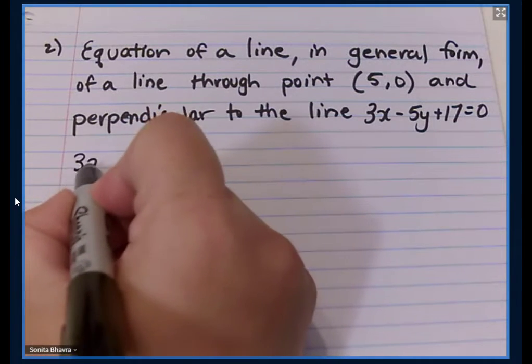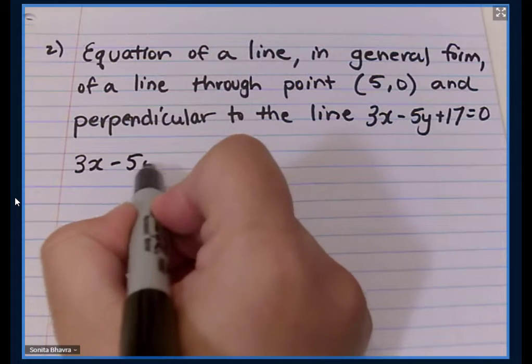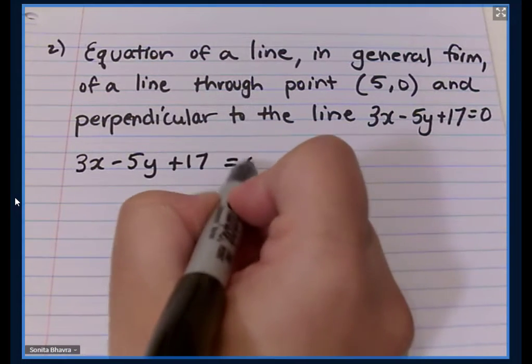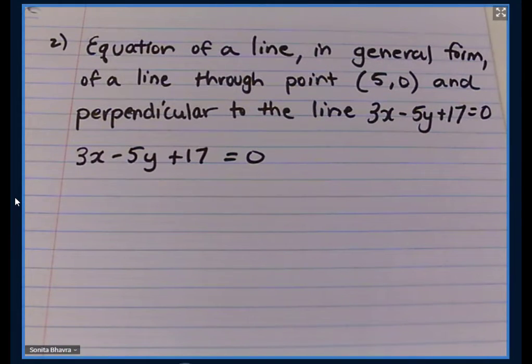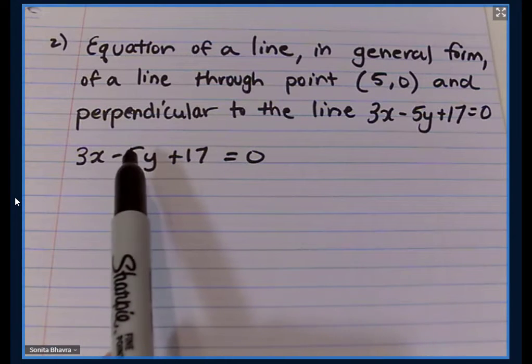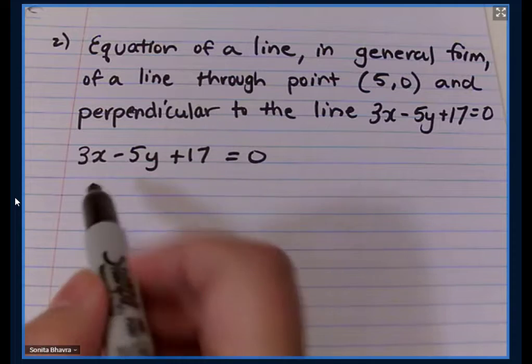So 3x minus 5y plus 17 is equal to 0. Let's change this into the slope-intercept form, the y equals mx plus b form. Then we can figure out what our slope is. Okay, so I am going to take this negative 5y and move it to this side.